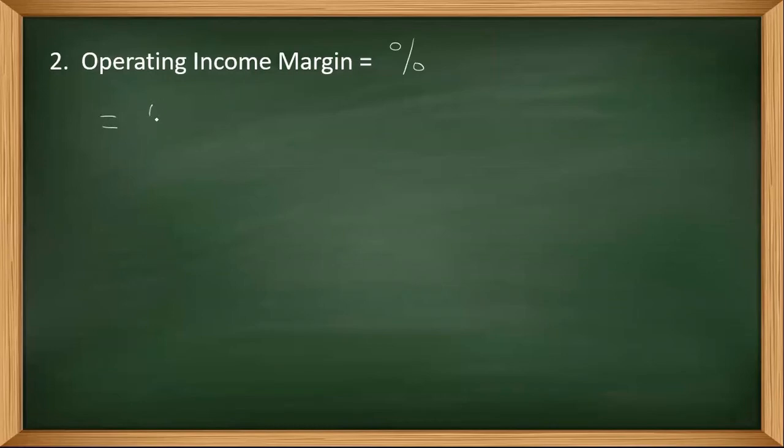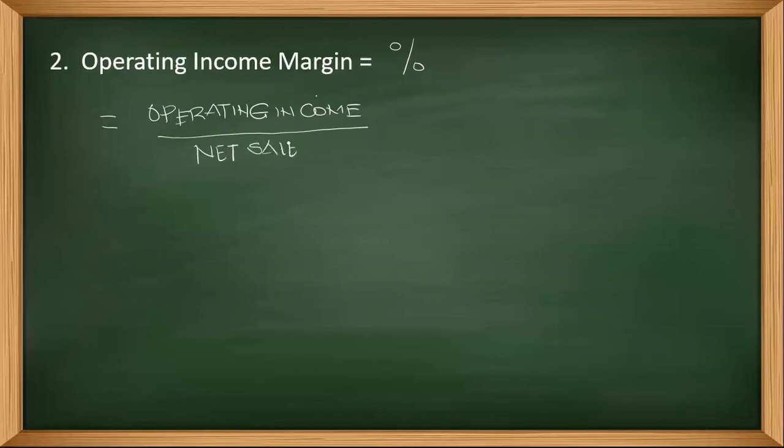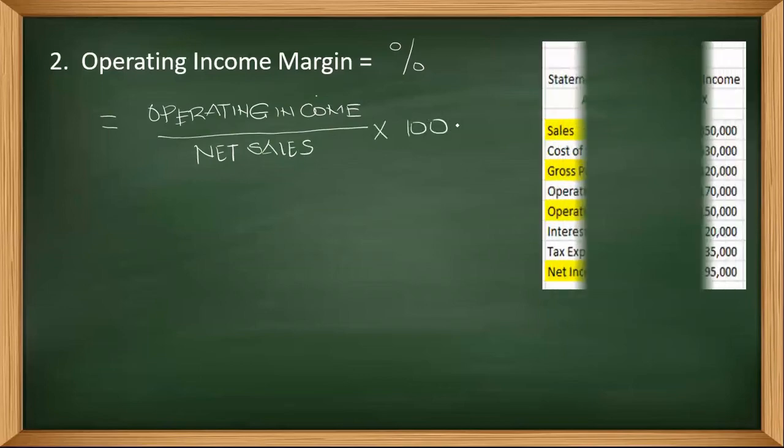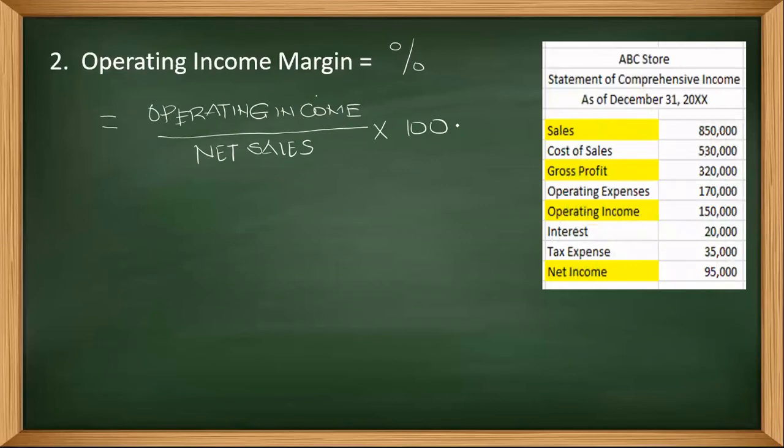It is equal to operating income divided by the net sales, multiplied by 100. So again, our basis will be the statement of comprehensive income. So let's do the substitution.